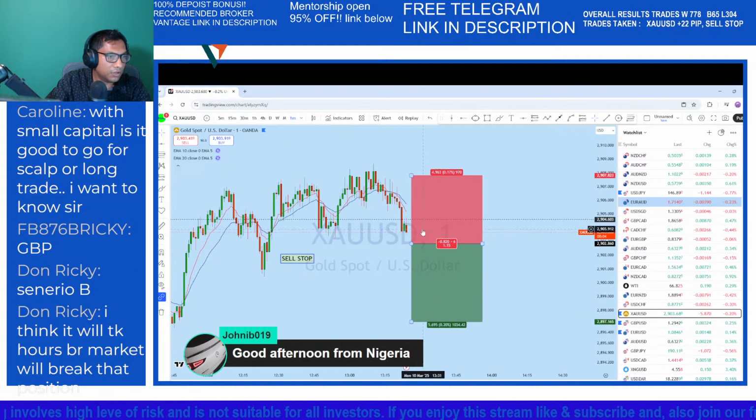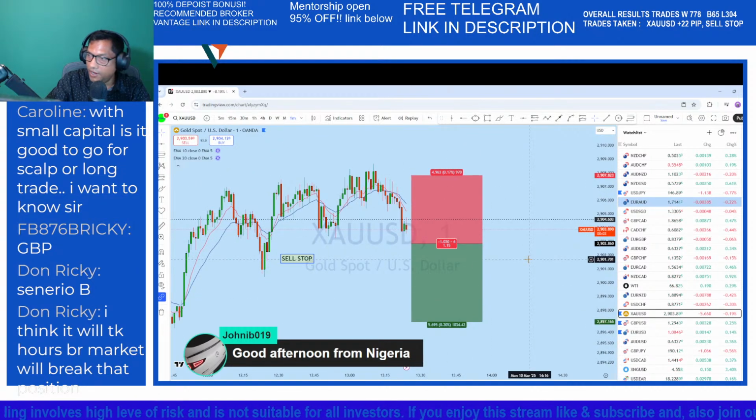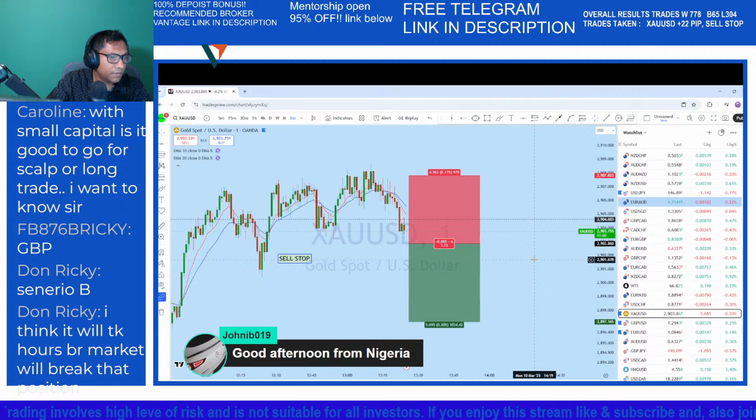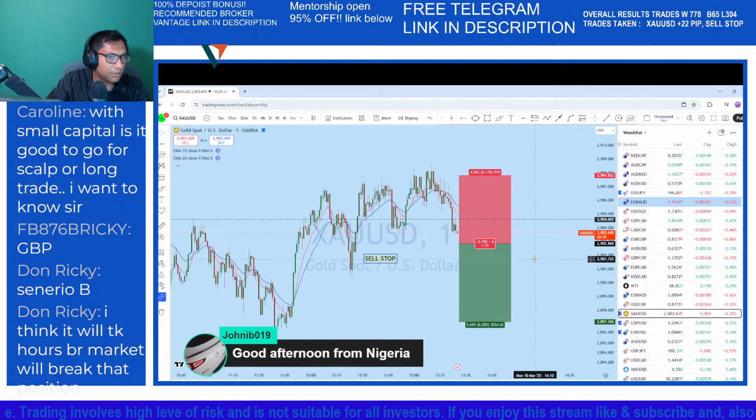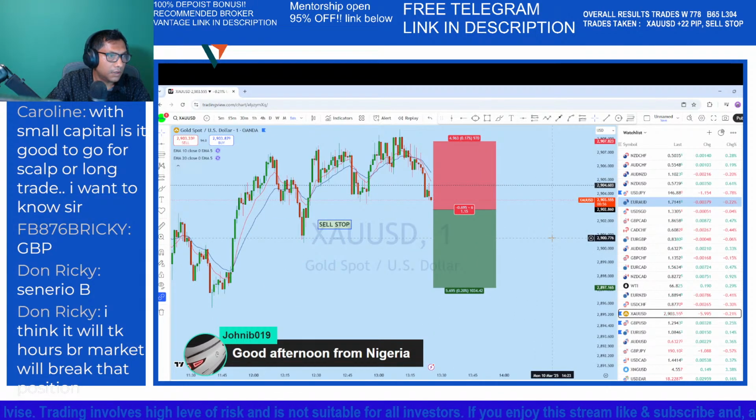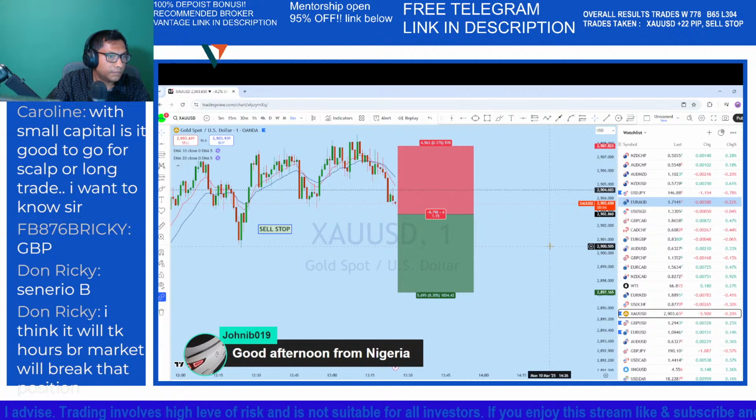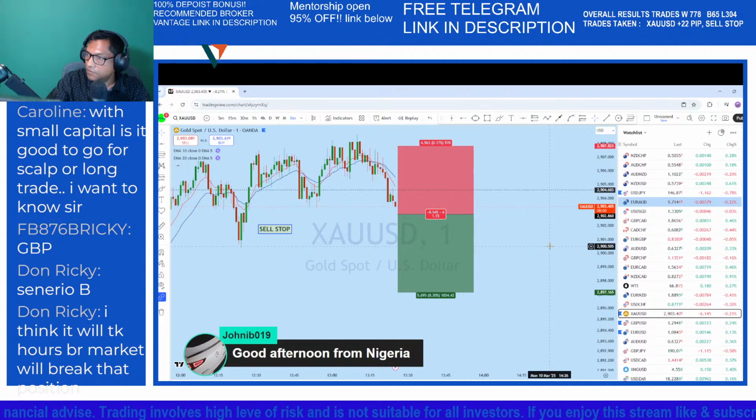So waiting for the market to drop and hit the entry. I think we could see that downside. So we place the pending order here.